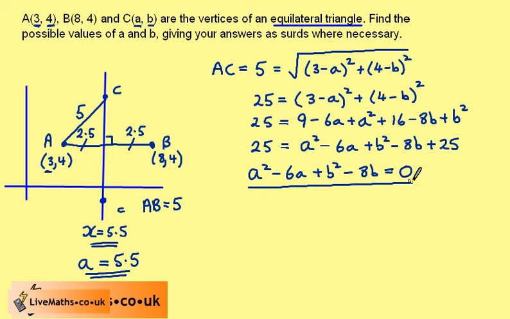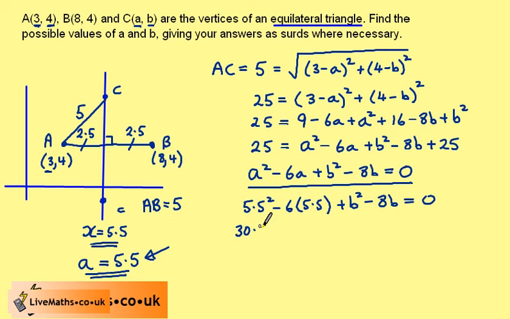We also know the value of a is 5.5, so we can substitute this in. 5.5 squared, take away 6 times 5.5, plus b squared minus 8b is equal to 0.